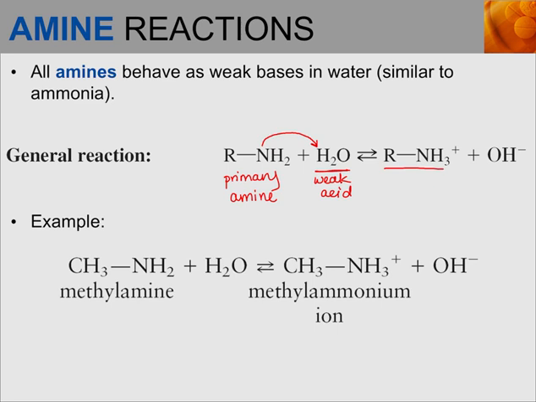So we get this NH3R+. So by adding that extra hydrogen to our neutral amine, we've created a positively charged molecule or ion. And then what will be left over from water is the hydroxide ion, which is negatively charged.